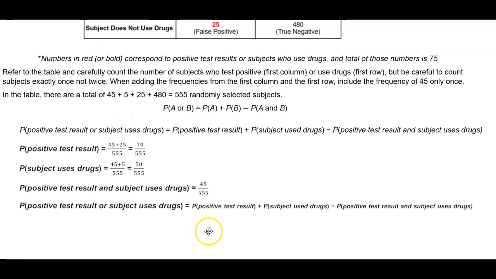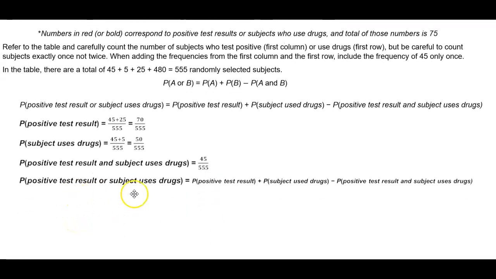Now looking at the formula, remember that the probability of the positive test result or the subject uses drugs is the probability of event A, the positive test result, which we found to be 70 over 555, plus the probability of event B, the subject uses drugs, which is 50 over 555.